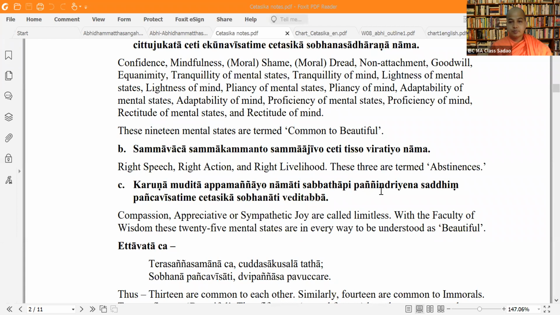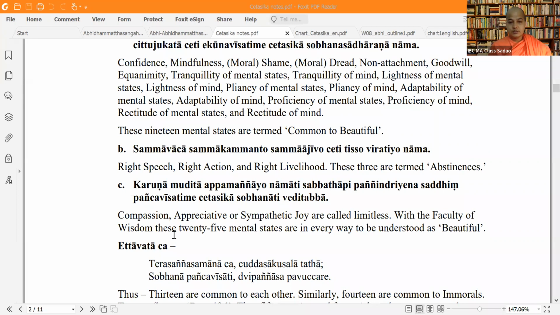Sabbatapi panyendriyena sadding panchavesati me chetasika sobhanadvedava. Panyendriya is counted separately, the faculty of wisdom. So you have compassion, appreciative or sympathetic joy, that are called limitless, and then the faculty of wisdom.